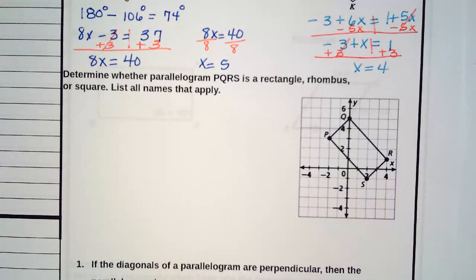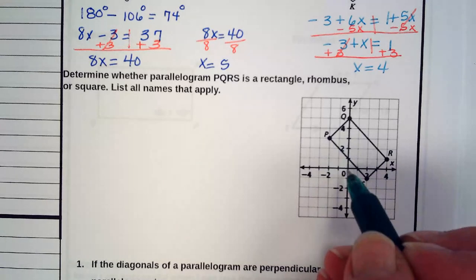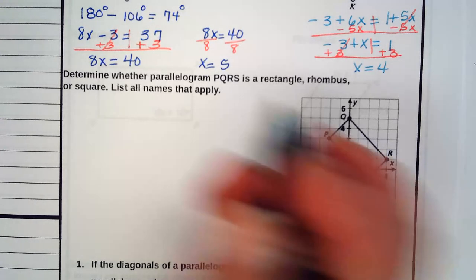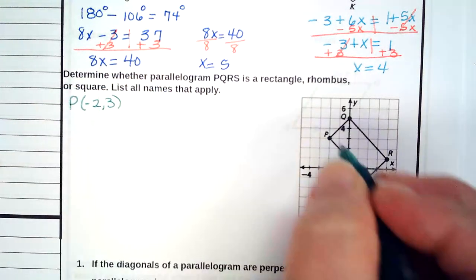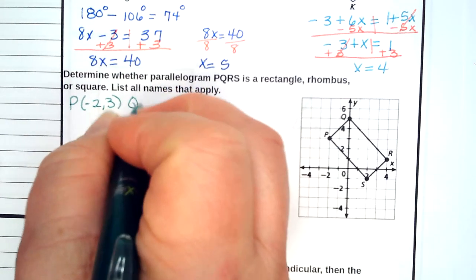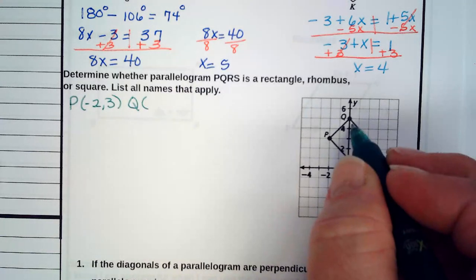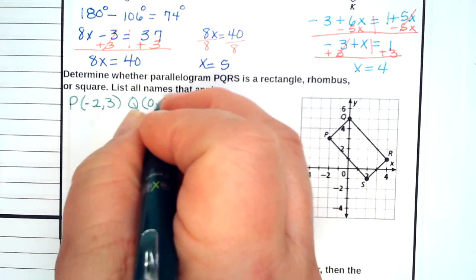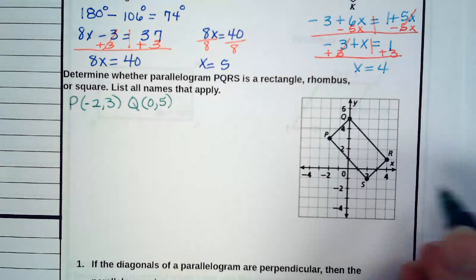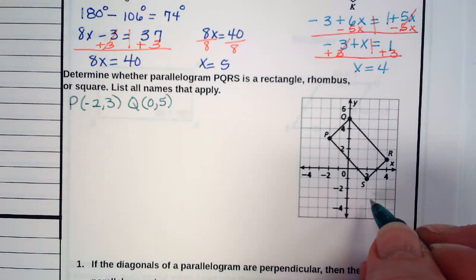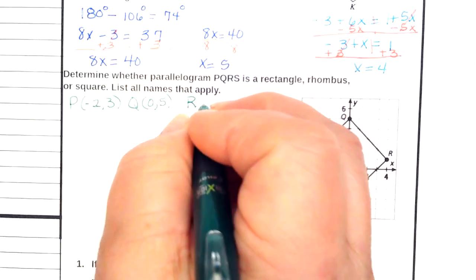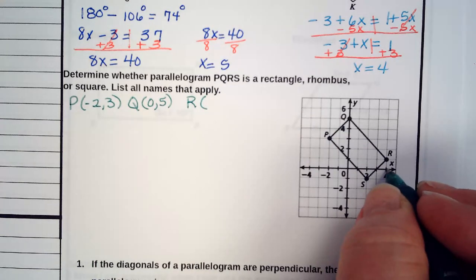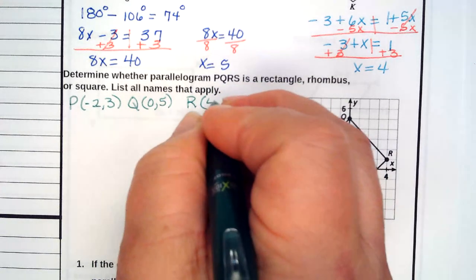So my point P is -2, 3. My point Q is 0, 5. Okay, I can do Q and R or I can do P and S. It does not matter. Okay, I'm going to choose QR, so I need R. R is 4, 1.